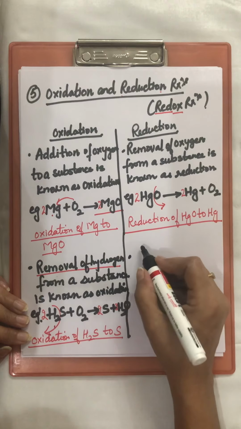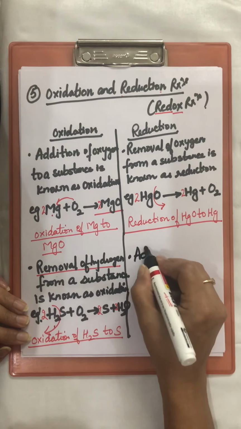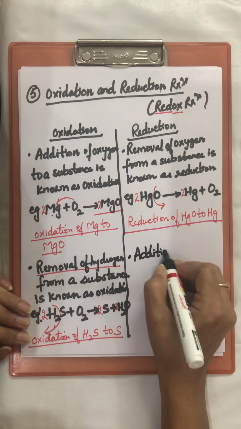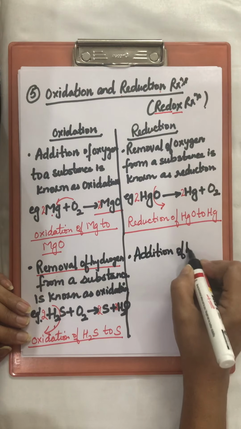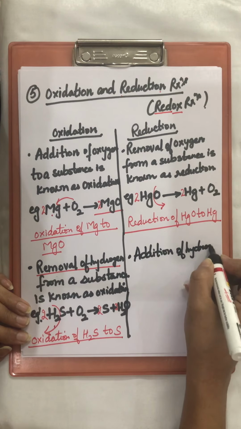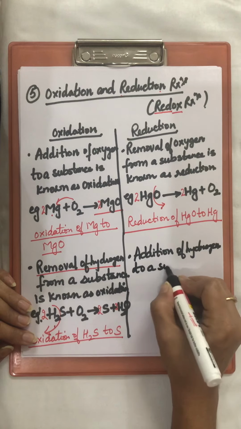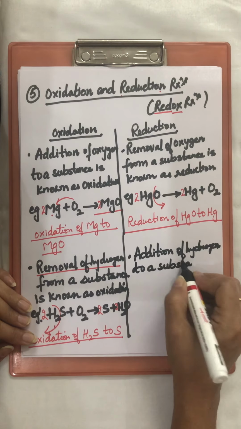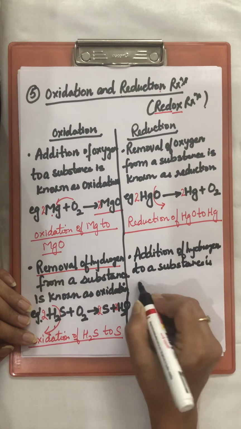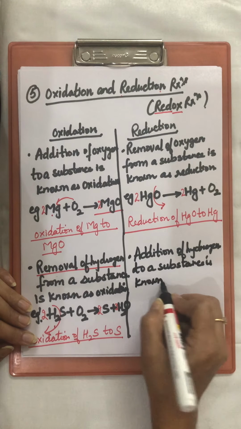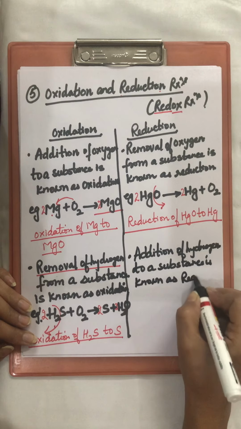Similarly, reduction, opposite to this, is addition of hydrogen to a substance. If hydrogen adds up to a substance, then it is known as reduction.